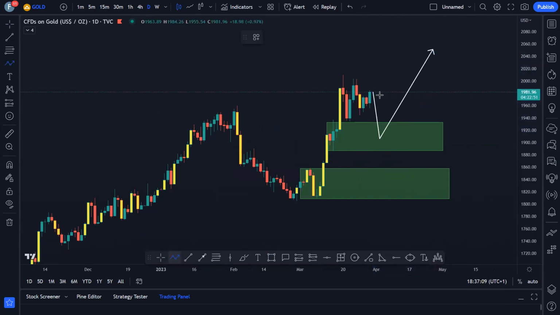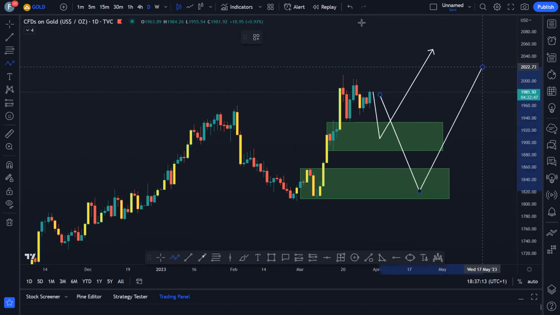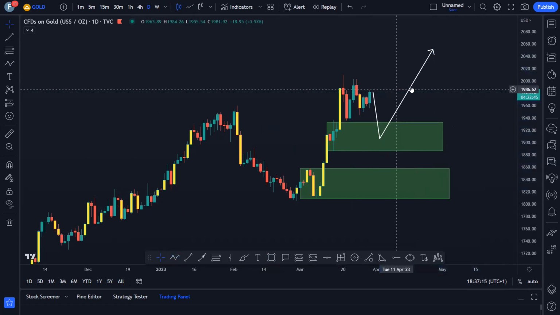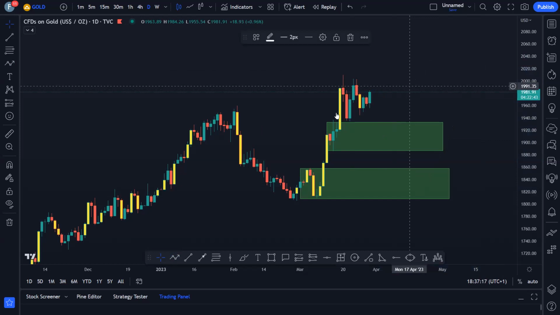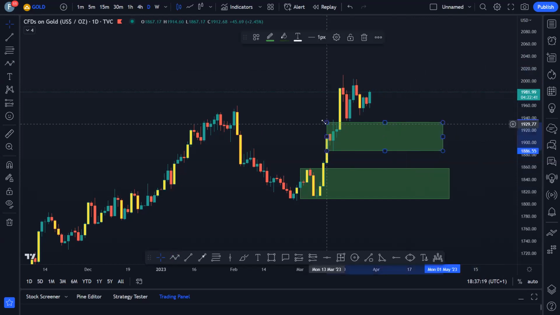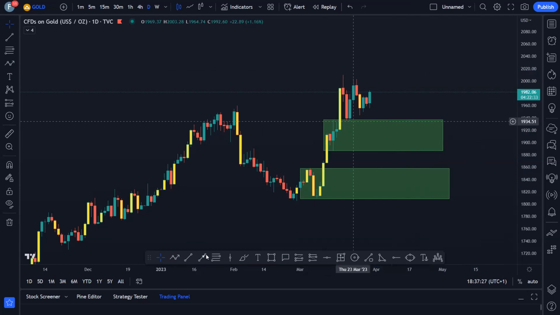Price should retrace into this zone and also look for buys. So those zones are zones where we can buy. Okay, but price has not gotten into those zones yet. If you take all of this, you want price to still retrace to at least the middle of the zone to look for buys.